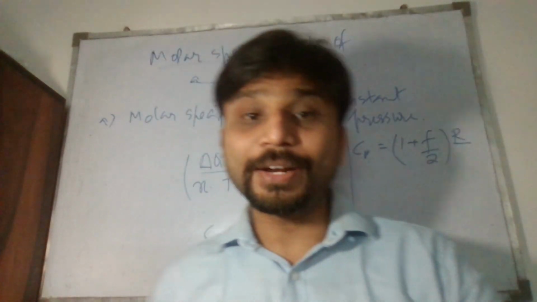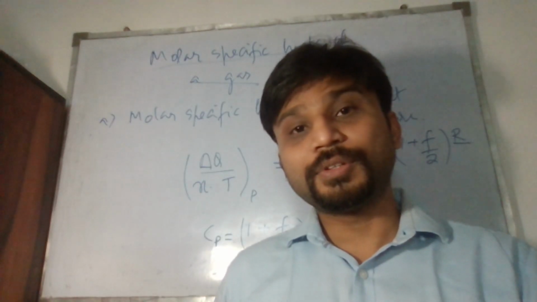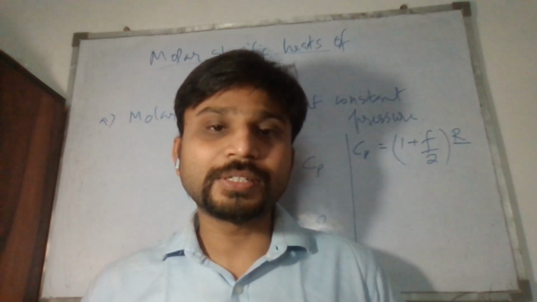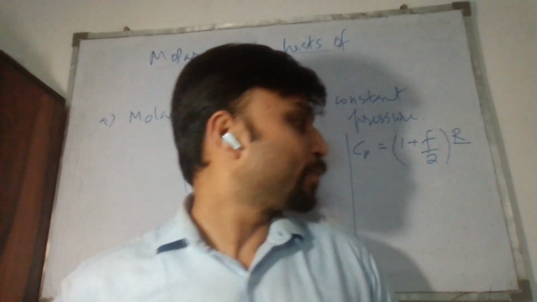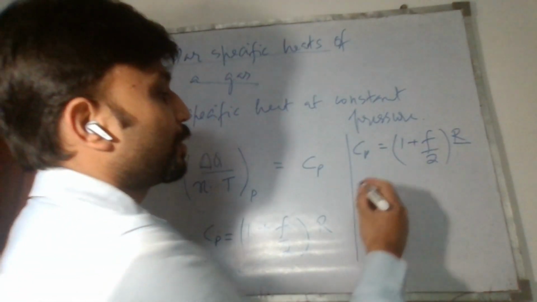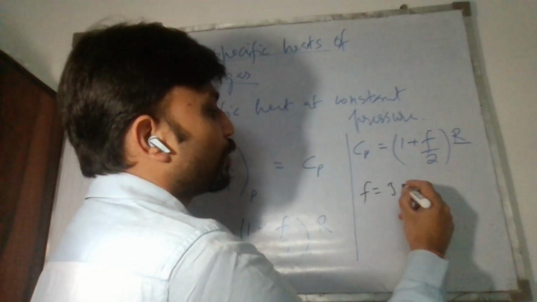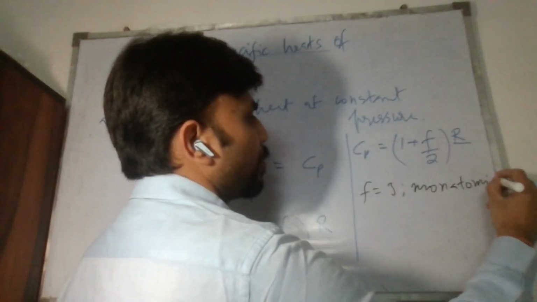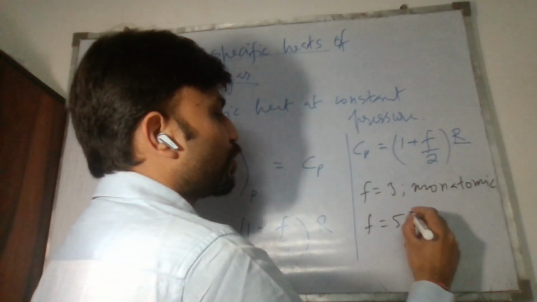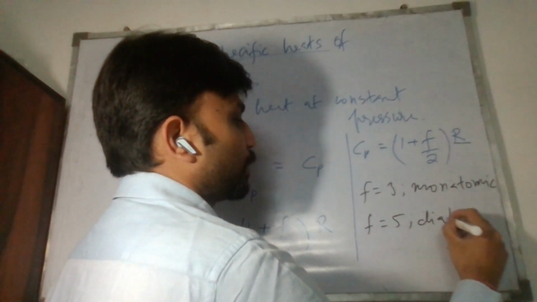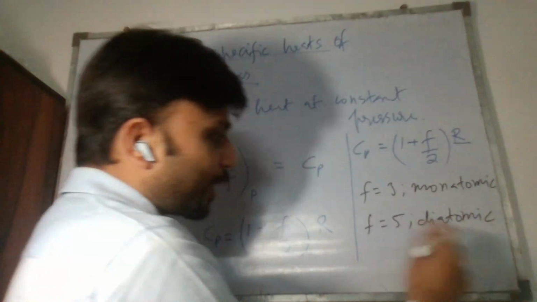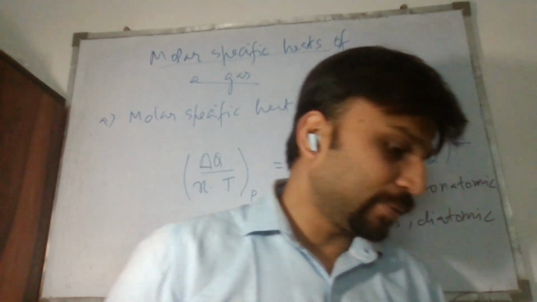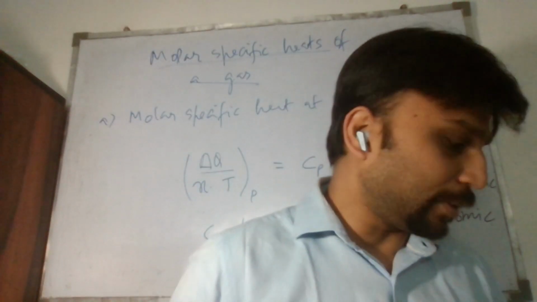If we have a diatomic gas, then it can also rotate, so we then have two additional degrees of freedom. So this value F is 3 for a monatomic gas and 5 for a diatomic gas. For a triatomic gas, it is 6 and so on. So these are the values.